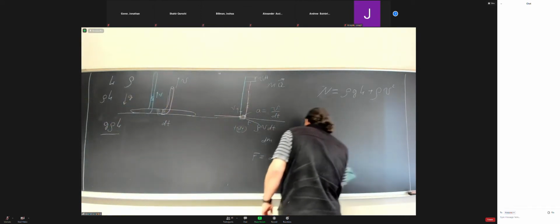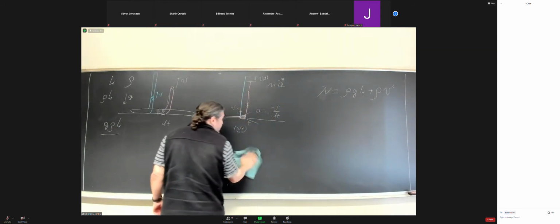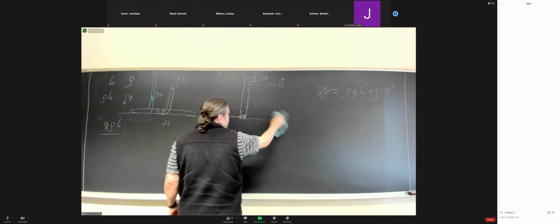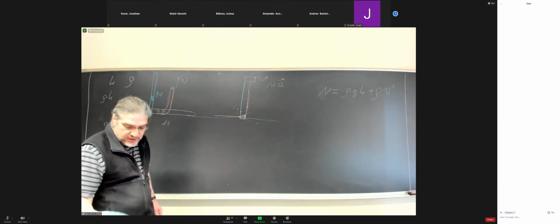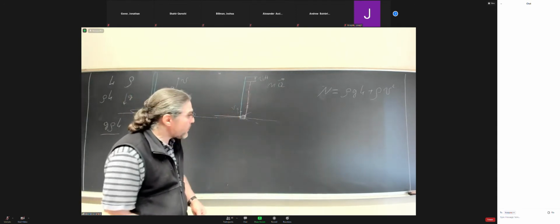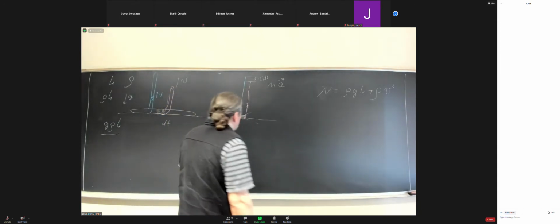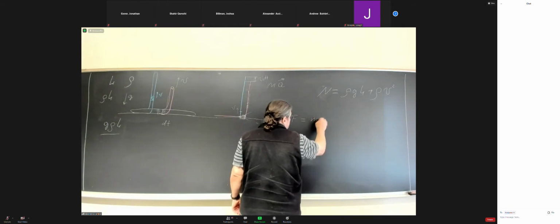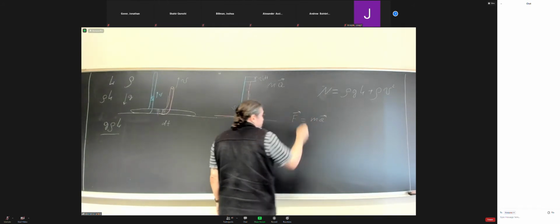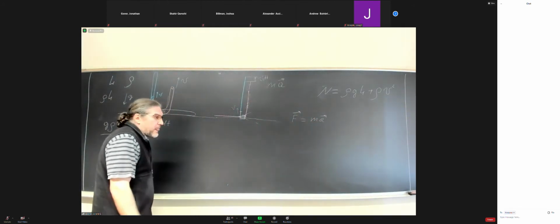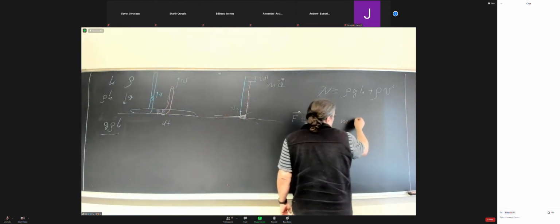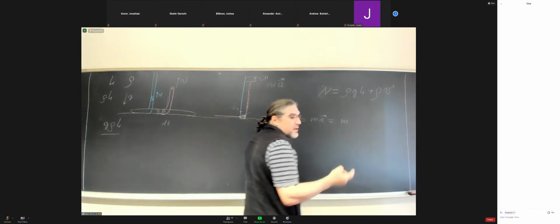All right. So now let me do the very same problem, the very same solution, but much simpler. It actually has a simpler solution. In order to do that, I start with F equals ma. And instead of writing it like that, I will write it like m times acceleration. And what is acceleration?